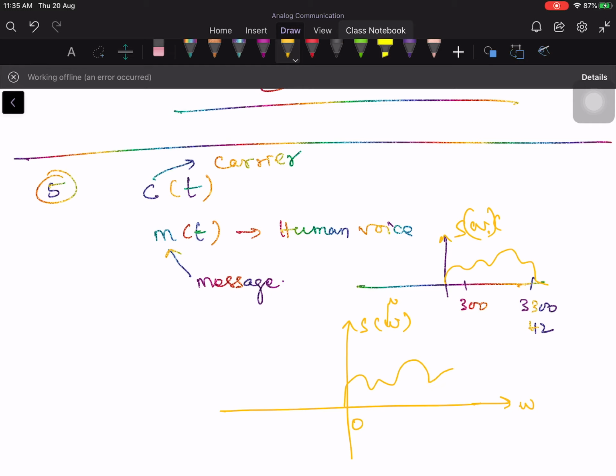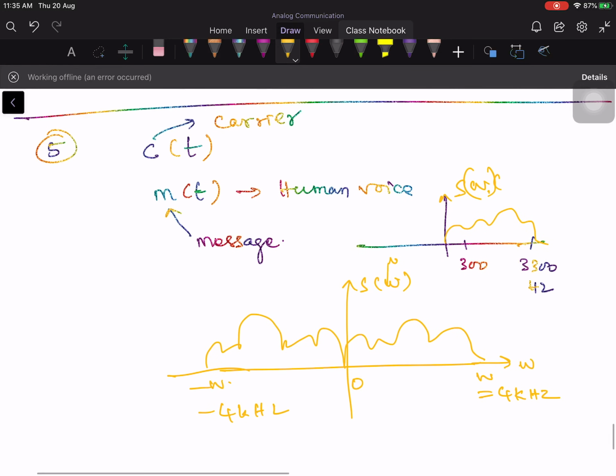Whatever you draw here, the same thing you should draw here, the negative frequency also, minus W to plus W. Let us take 4 kilohertz, and this also minus 4 kilohertz, because as I said, for real signals there exists a negative frequency component.